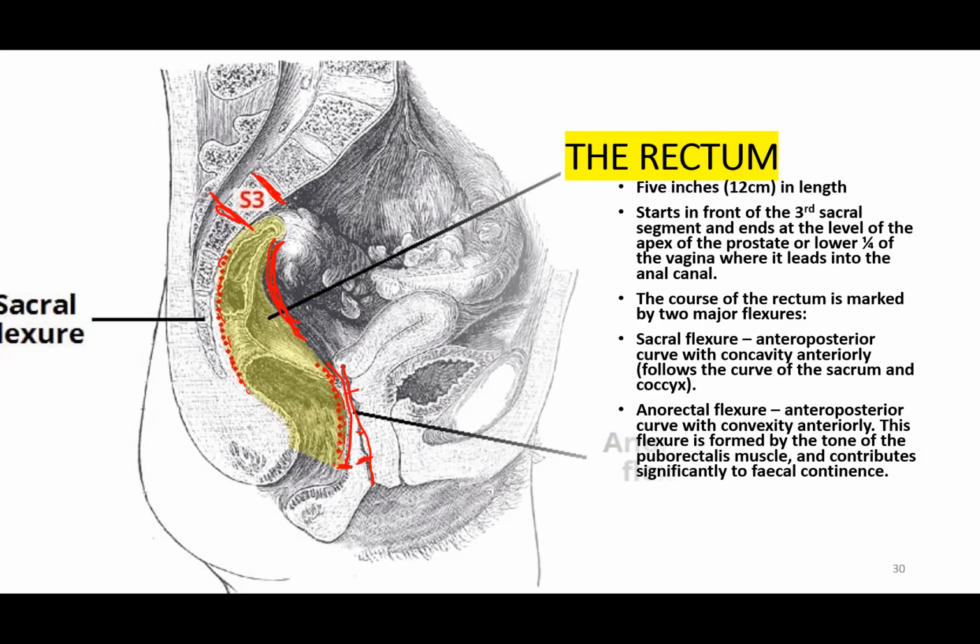It is very important for you to note that not only the internal and external sphincters maintain continence of an individual. The puborectalis at the anorectal junction, which we will see later, also contributes to the sphincter mechanism. So this is the anterior-posterior curvature of the rectum.